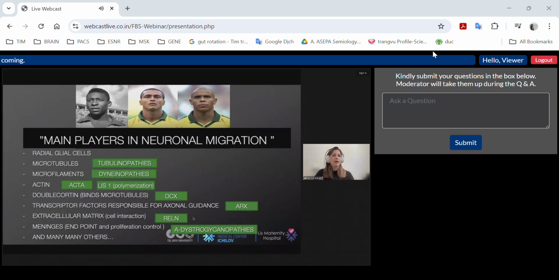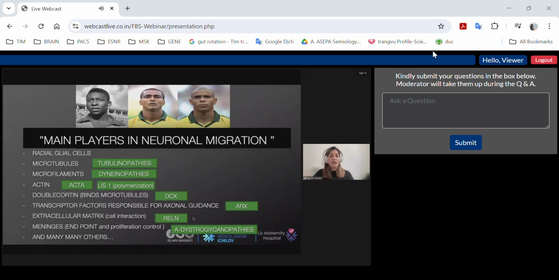So the neuronal migration process is very complex, and it relies on different structures that need to be normally configured in the brain. So we have the radial glial cells, which will be the pathway of the radial migration, the microtubules, the microfilaments, actin, double cortin, and many other proteins that are very important, transcription factors for the axonal guidance, the normal development of the extracellular matrix and proteins that are responsible for this development, the normal development of the meninges.